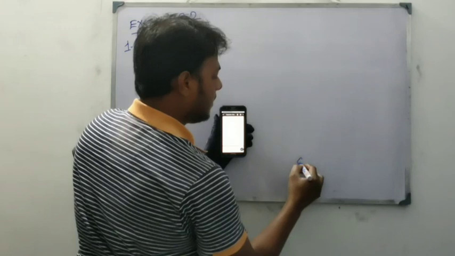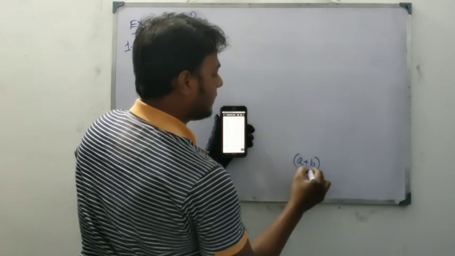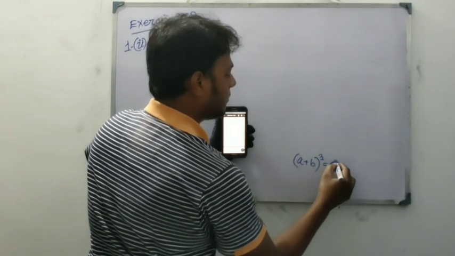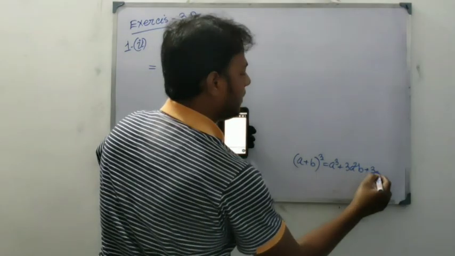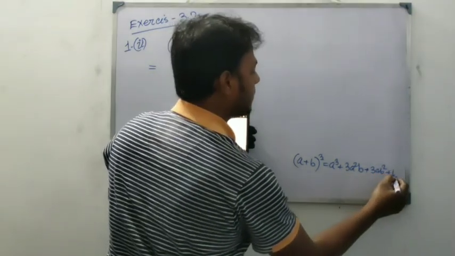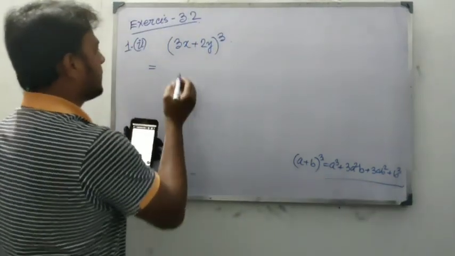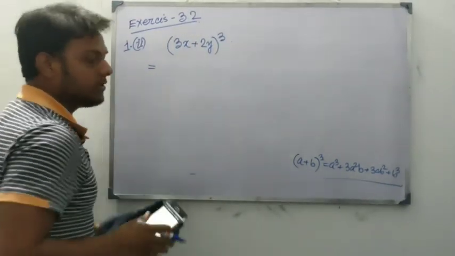Just to remind, (a plus b) whole cube equals a cube plus 3a square b plus 3ab square plus b cube. Just apply this. Here a means 3x and b means 2y.